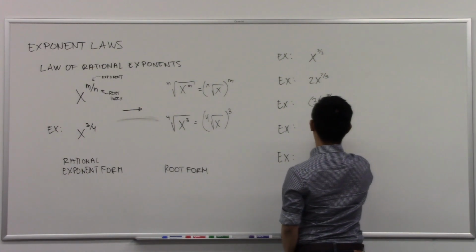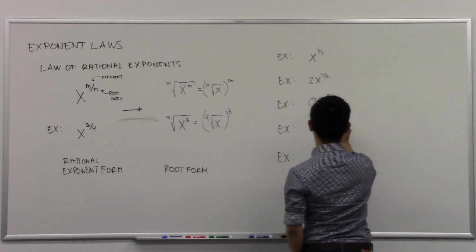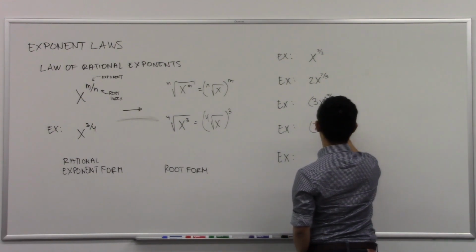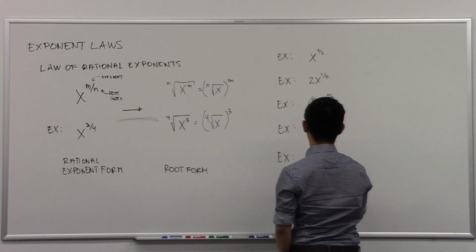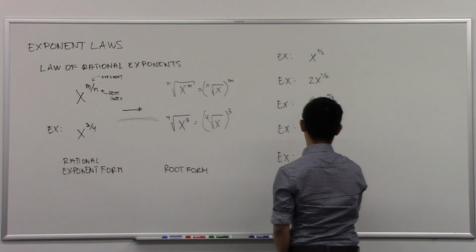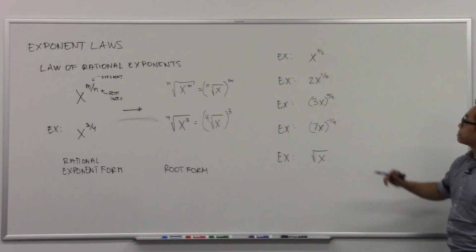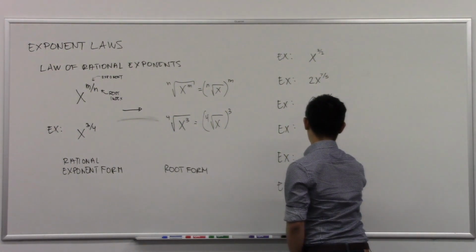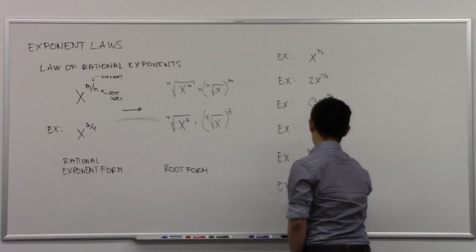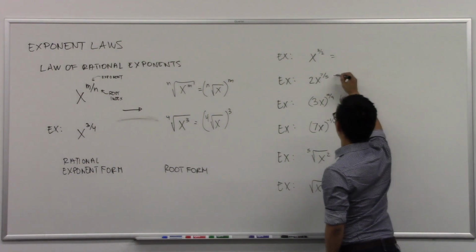What if you had 7x to the, let's go, negative 1 over 4? And what if you had the square root of x? Actually, let's change this. Let's make this fifth root of x squared. And then that. Change those forms.